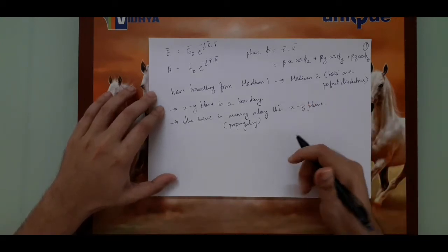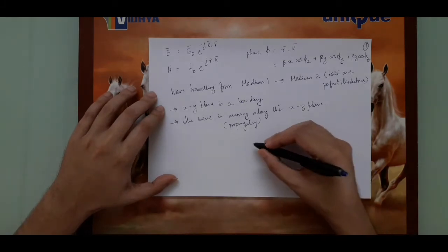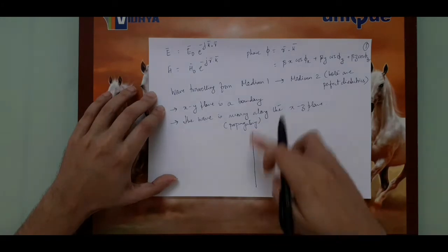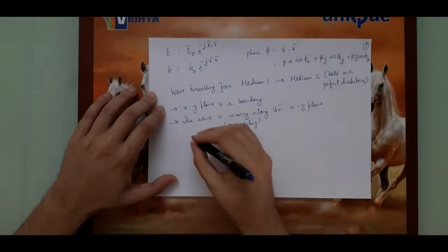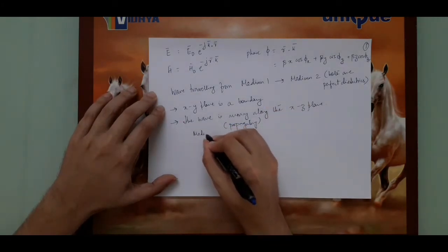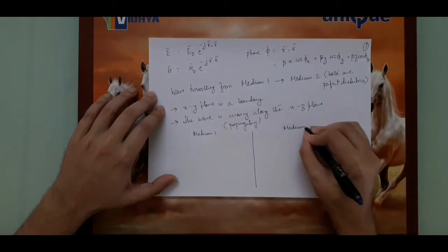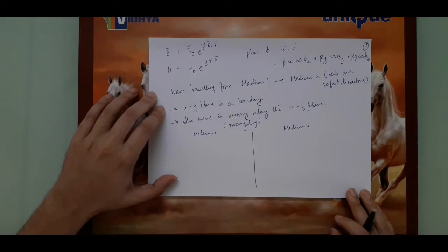So let us now define or draw this axis. If this is the medium 1 on the left hand side and this is medium 2, so what we are saying is the xy plane is the boundary.